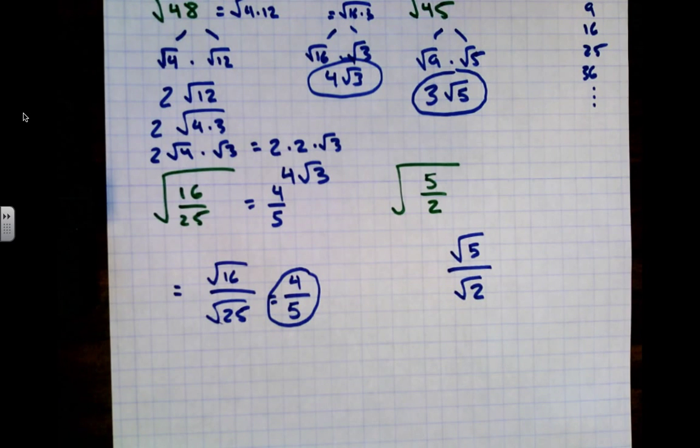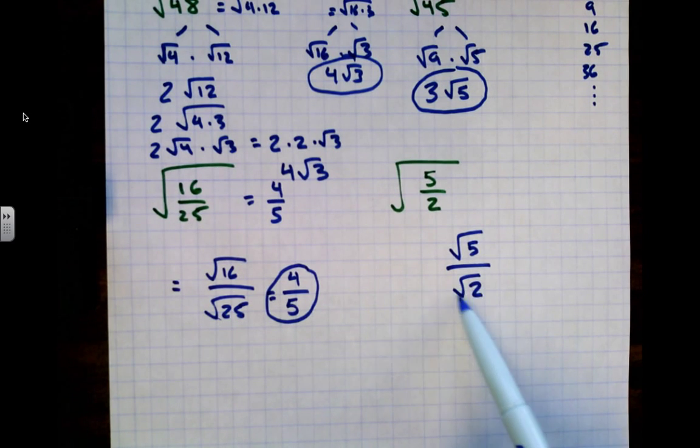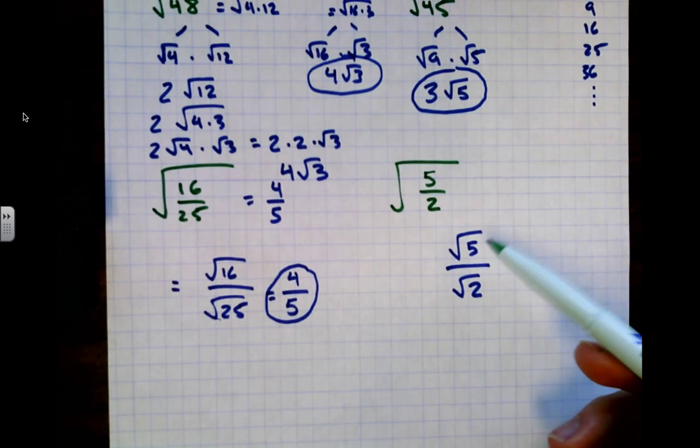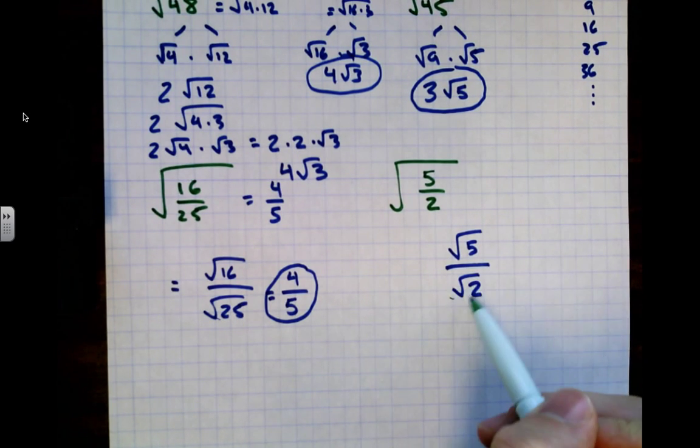Now looking at those, there's nothing that I can simplify here. I can't use my rule from above. I can't just take the square root of 2 or the square root of 5, because those are not going to be simplified. So what I have to do is the technique from class that we called rationalizing the denominator. Because what I also don't like is the radical sign in the denominator.